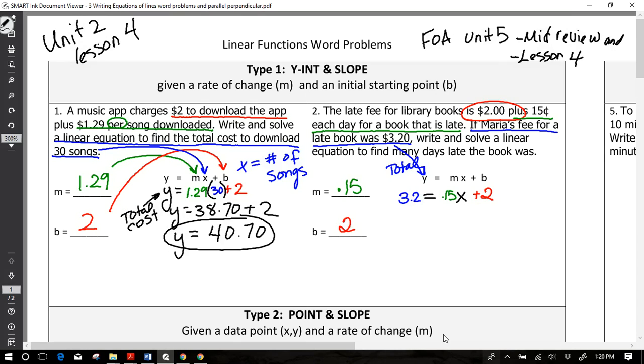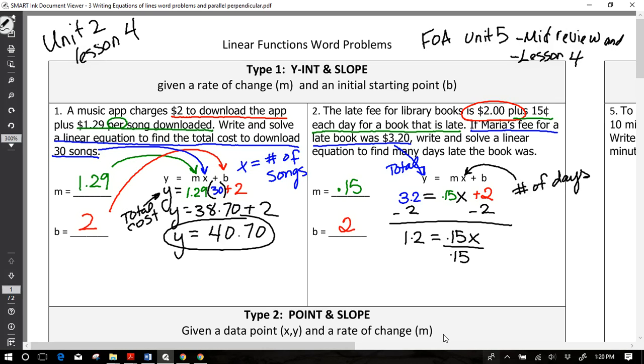Let's talk about real quickly, what does x represent in this situation? x is going to be the number of days that the book is late. And so we're ready to go ahead and solve this equation. I'm going to subtract 2 from both sides, and that is $1.20 equals 0.15x.